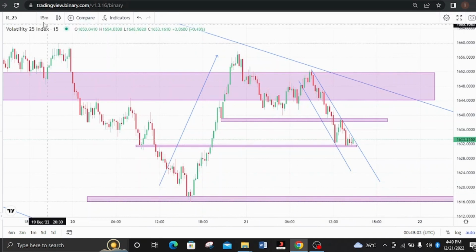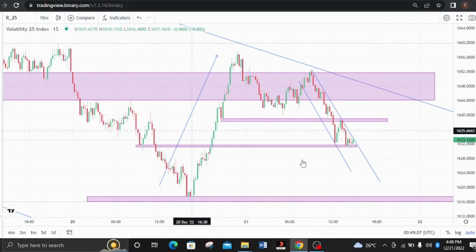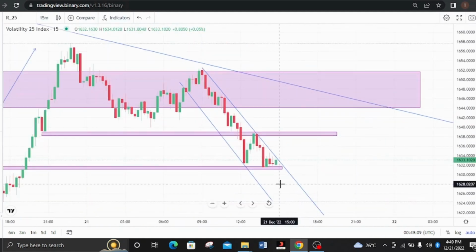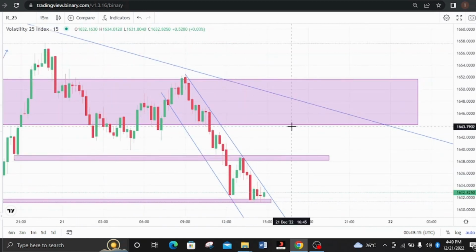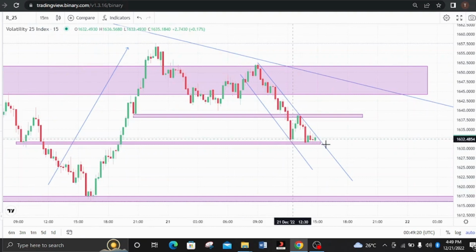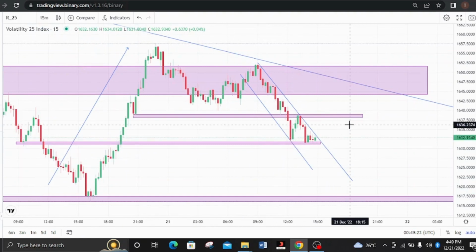So like I had said, let's look at this trend line within a trend line. What you can see is that it's still rejecting a push to the upside. It's still trapping the graph within that zone.